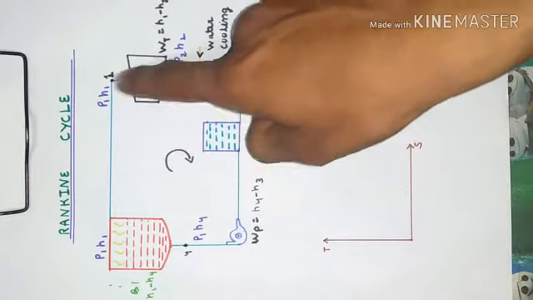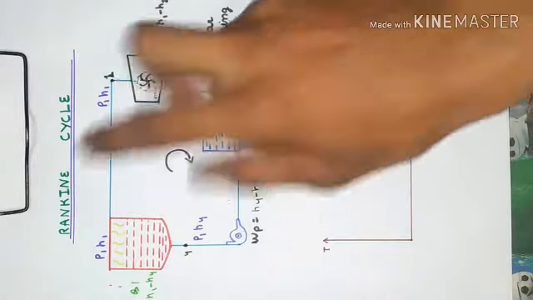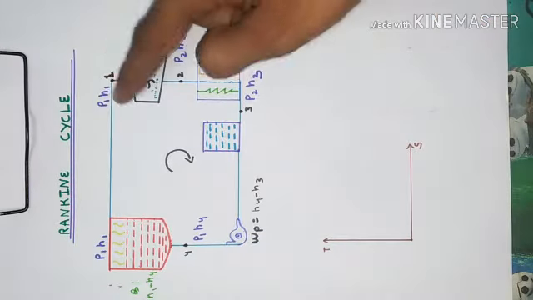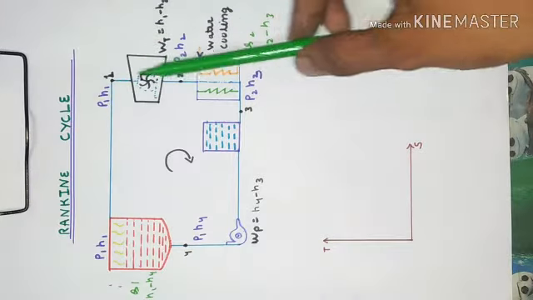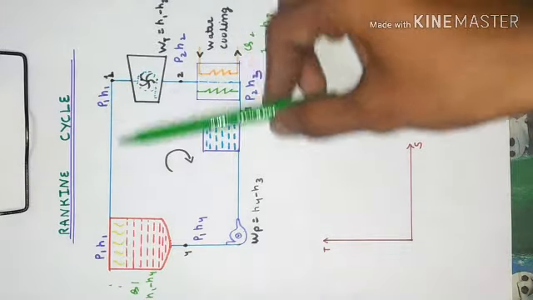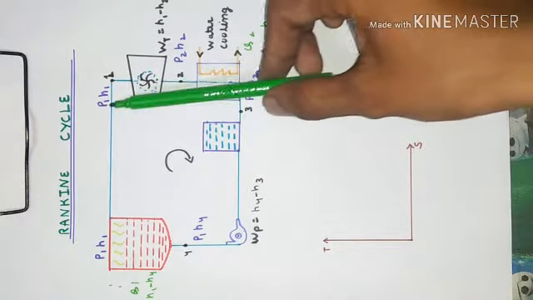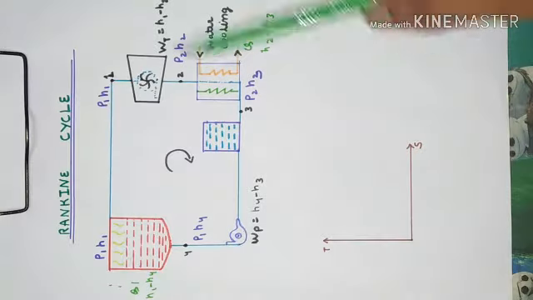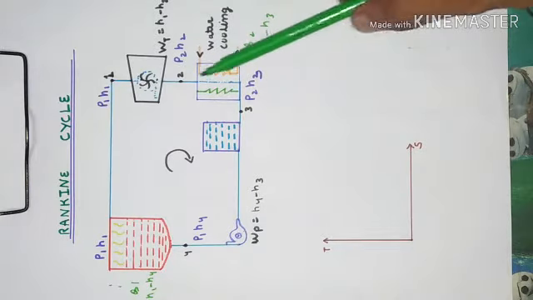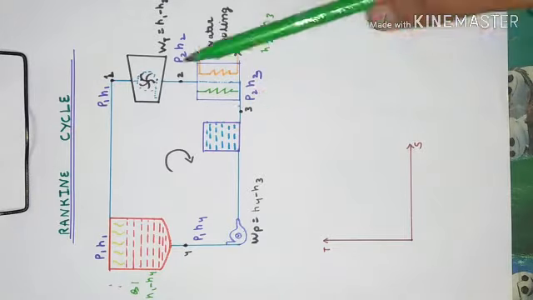Here P1 is the pressure and this is enthalpy H1. They are the same between the boiler and turbine, and after the turbine the pressure and enthalpy change because the vapors strike the blades of the turbine. There is a change in pressure and enthalpy, and these become P2 and H2. After the turbine the vapor is transferred to the condenser to condense it.